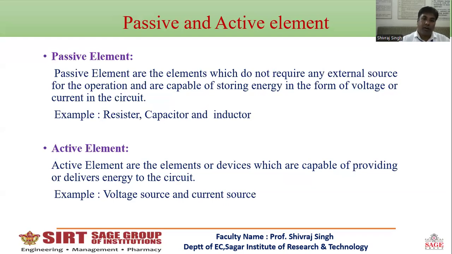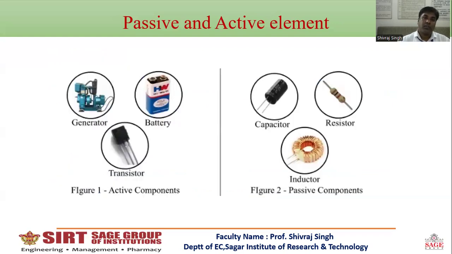An active element is an element or device which is capable of delivering the energy to the circuit. So basically, active elements are the energy sources like voltage source and current source. These are some basic examples: capacitor, resistor, inductor.